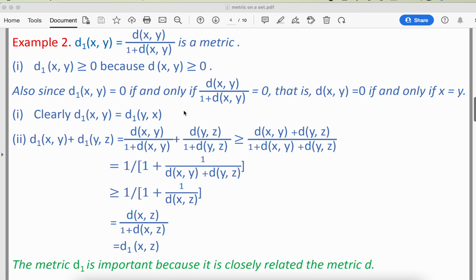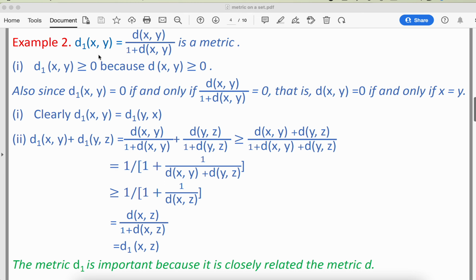As one more example, we define the metric d1, where d1(x,y) means the distance with respect to this metric from x to y, equal to d(x,y) upon 1 plus d(x,y). If we define d1 like this, then this is also a metric.